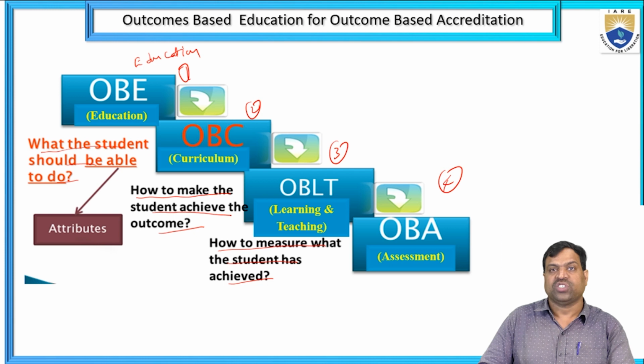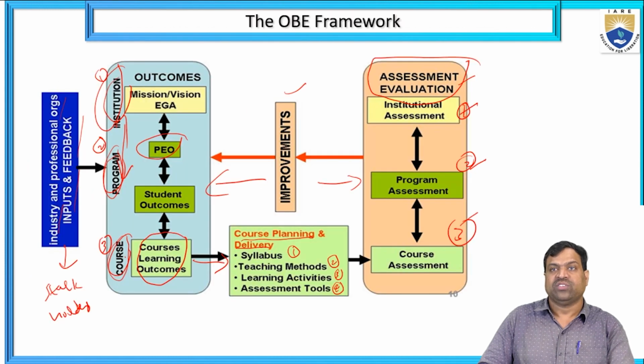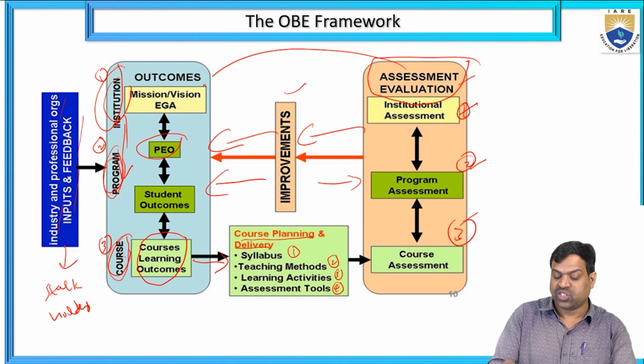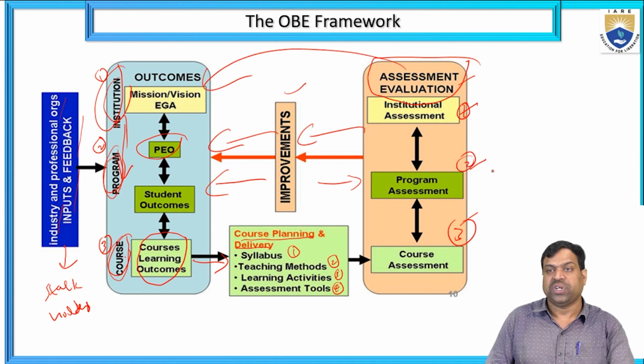Here, there are 4 stages of outcome-based education for outcome-based accreditation: OBE for education, OBC curriculum, OBLT learning and teaching, and OBA, that is the assessment. So it is the OBE framework from outcomes to assessment evaluation to outcome. How much improvement is there in the institution assessment, program assessment, course assessment?